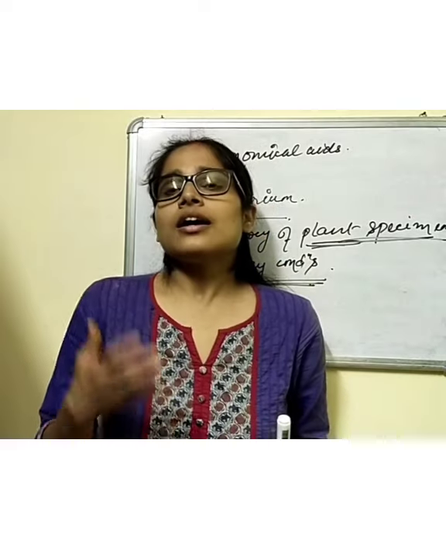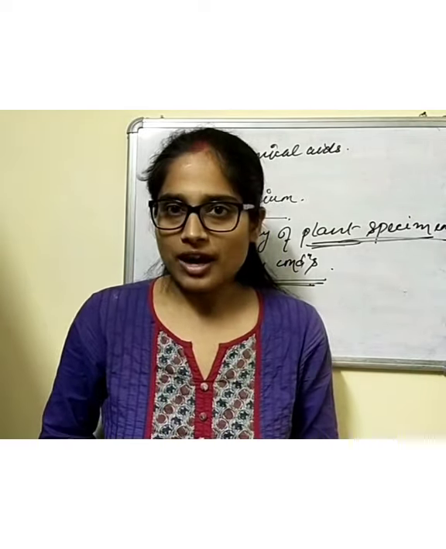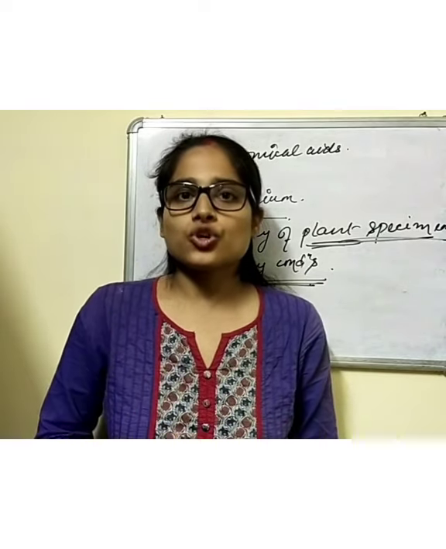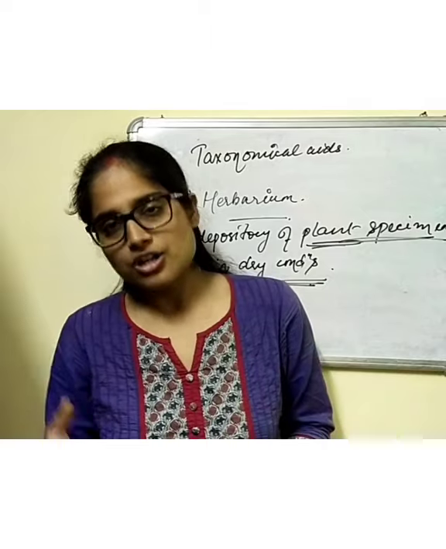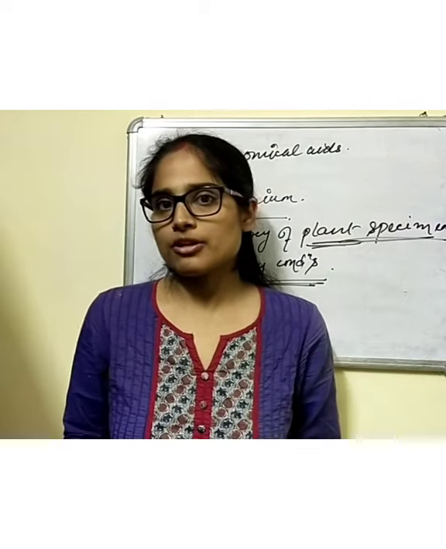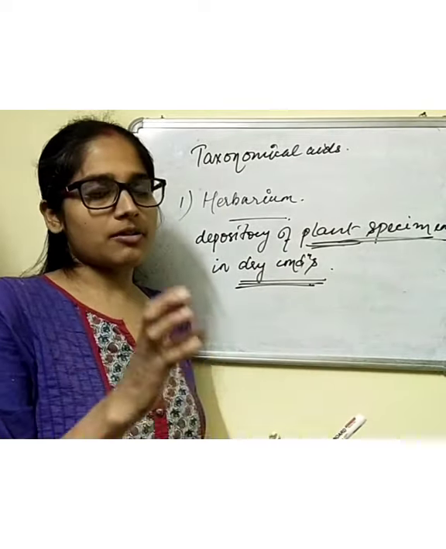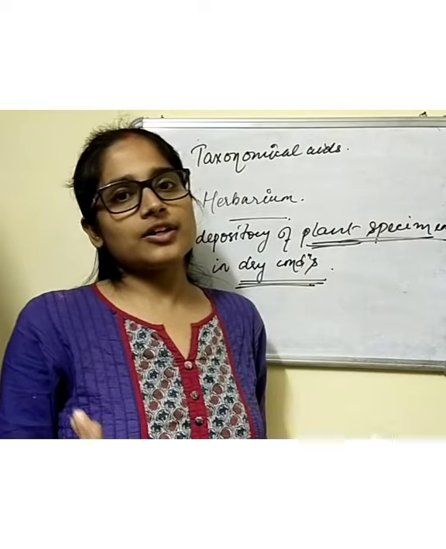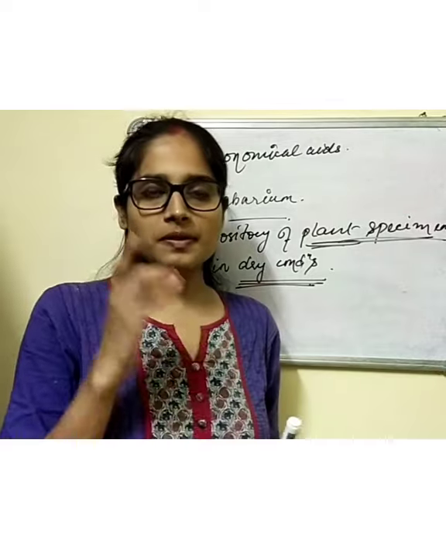The label includes information on who has identified and who has collected the specimen, region, its local name, its common name, and its biological name or binomial nomenclature. So labeling is extremely important, because if the label is not there, then it is useless. So herbarium is a depository of plant specimens in dry conditions.